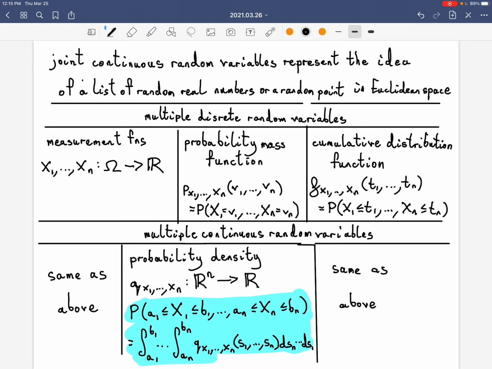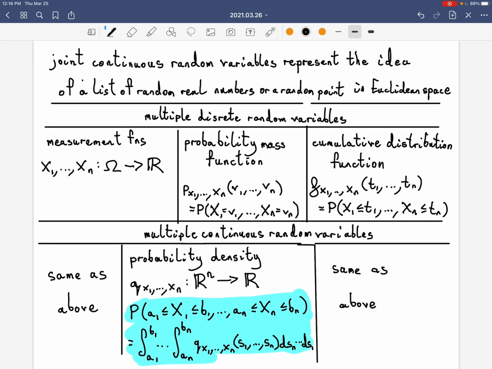We had the idea of a family of measurement functions from the sample space to the real numbers. This is the foundation of how to think about random variables, and it's what provides the theoretical connection to the axioms of probability.